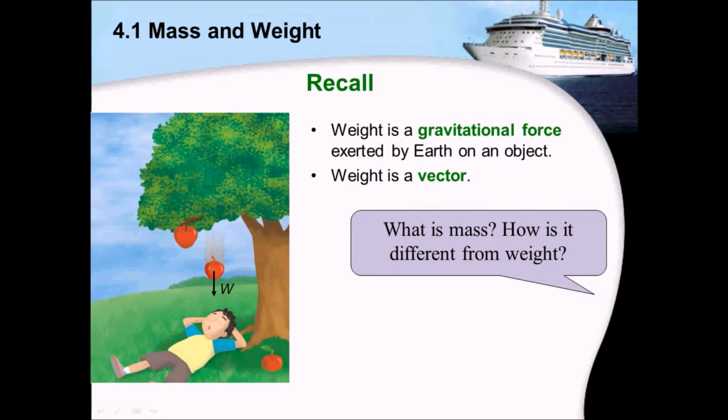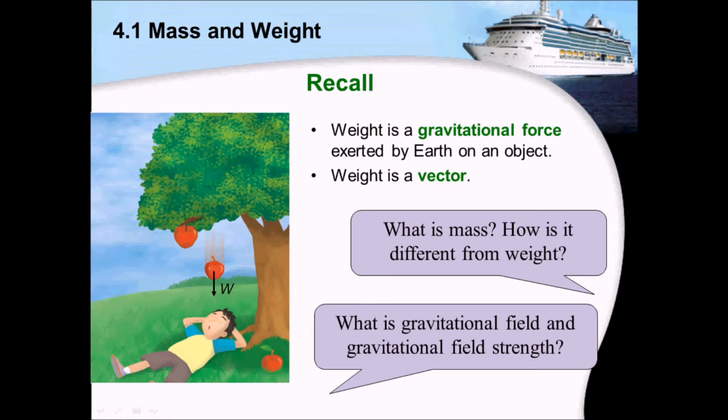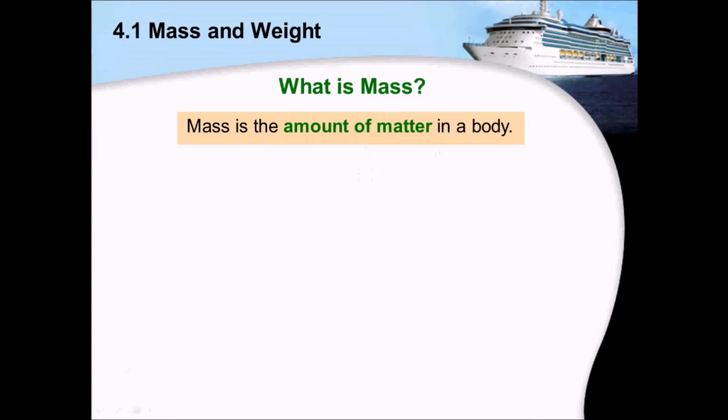So what is mass and how is it different from weight? And what is the gravitational field and the gravitational field strength? These are the ideas that we're going to explore in the next few slides. So what is mass? Mass is the amount of matter in a body.